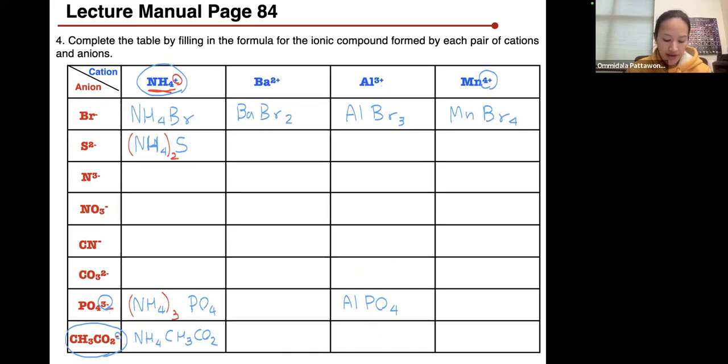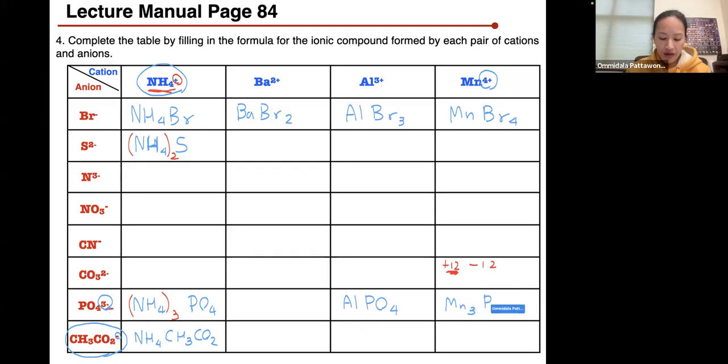So I need +12 from manganese, and I need -12 from phosphate. In order to get +12 from manganese, I need 3 of the manganese. So in this case, my manganese would be Mn subscript 3.